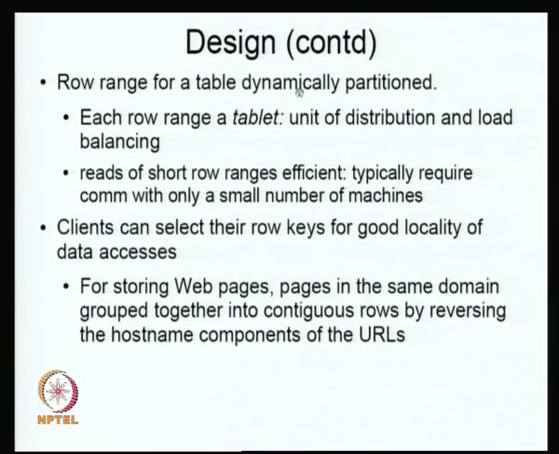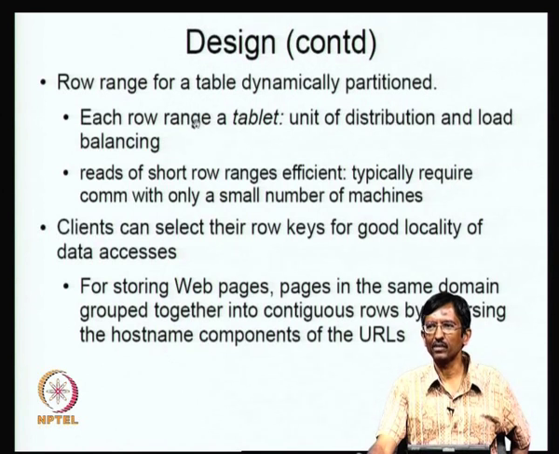The row range for a table is dynamically partitioned. As I mentioned, all the data is lexicographically ordered, so you can take a set of rows and dynamically call it one tablet. This tablet is the unit of distribution and load balancing.